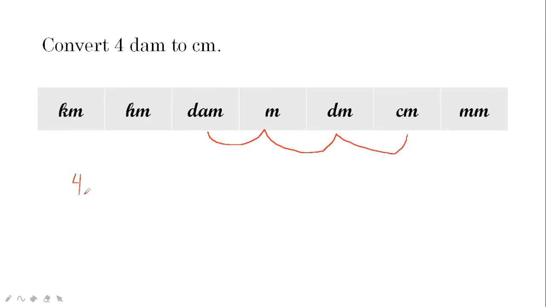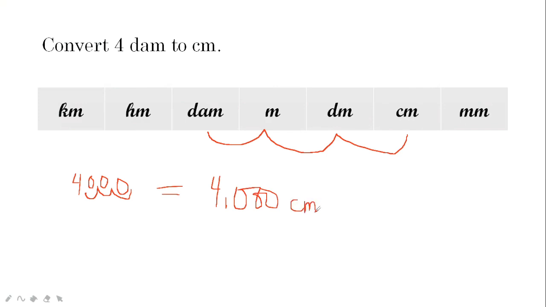Since there is no decimal, its decimal point is on the right side. So, how many moves? Three. We have 1, 2, 3. How many zeros? 1, 2, 3. Therefore, 4 decameters is equivalent to 4,000 centimeters.